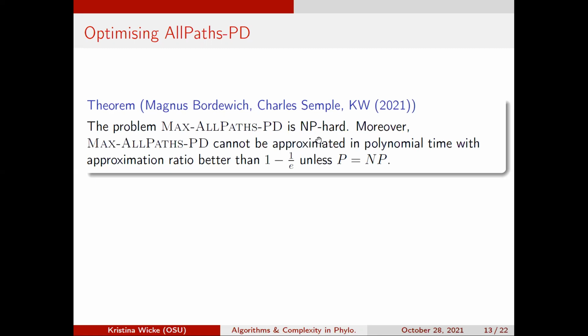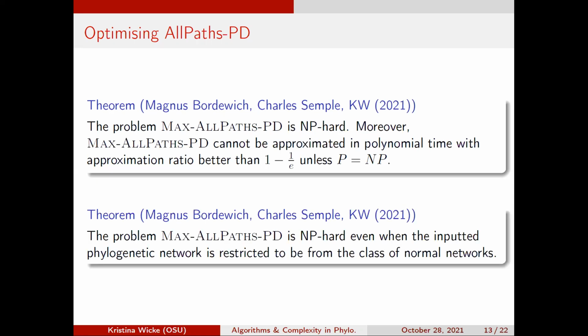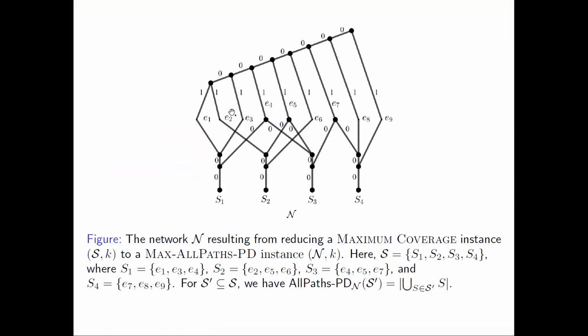And so you might wonder, is it maybe easier if you restrict the network type? The first thing we looked at is normal networks, and it turns out that this problem stays NP-hard even when the input phylogenetic network is restricted to be normal. If I go back one slide, this network is not normal, because, for instance, we have a reticulation that's the parent of another reticulation.